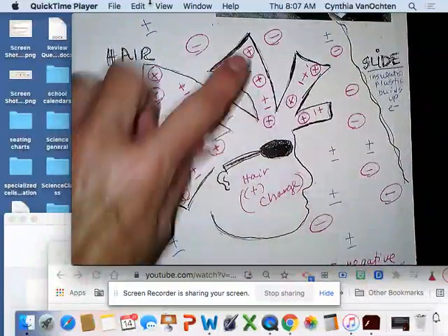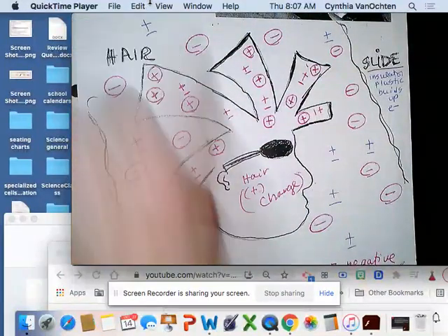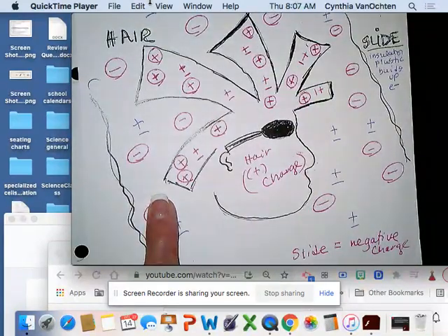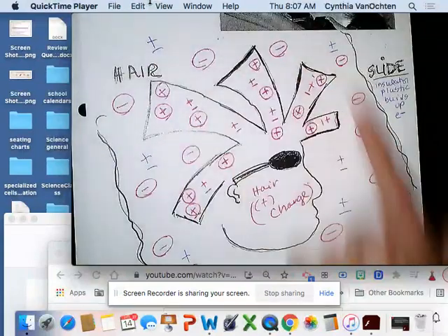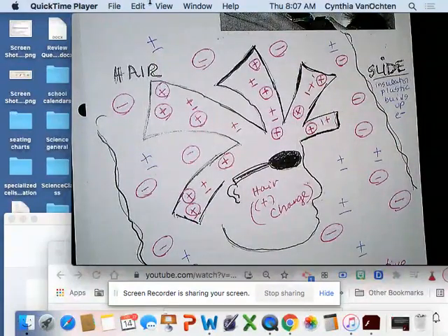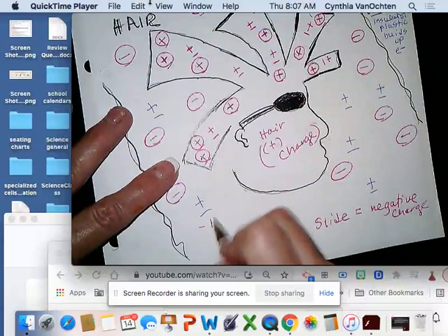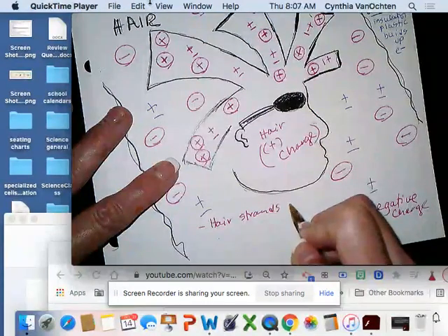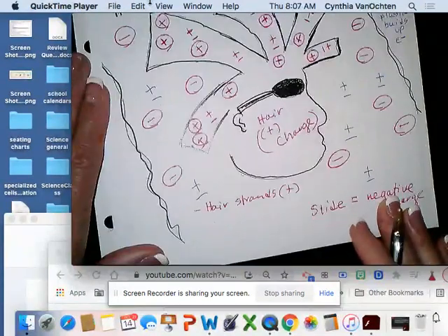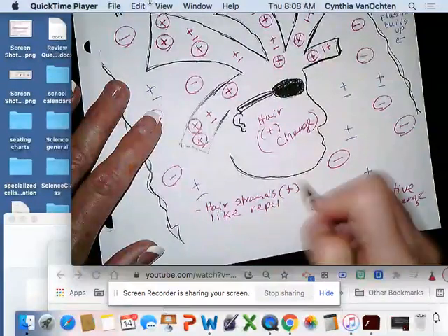Do you think the hair strands are also attracted to the slide? What's the charge on the hair? Kaden, what's the charge on the hair? Positive. What's the charge on the slide? Negative. Do opposites attract? So we probably have two things going on here that make the hair stand on end. We've got hair strands, positive, and we're going to put like charges repel.